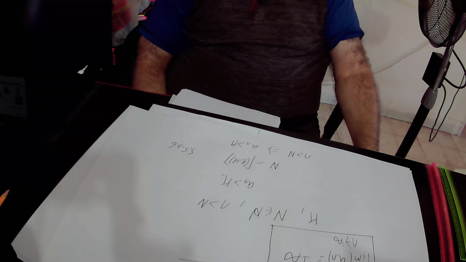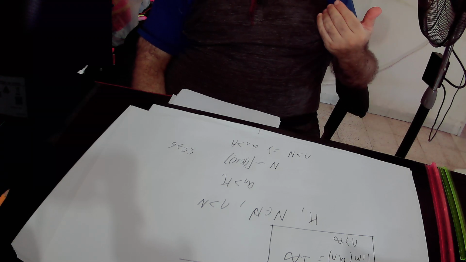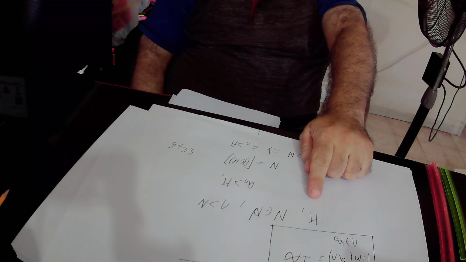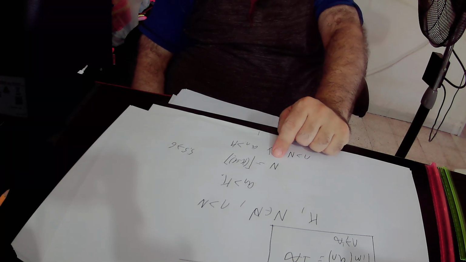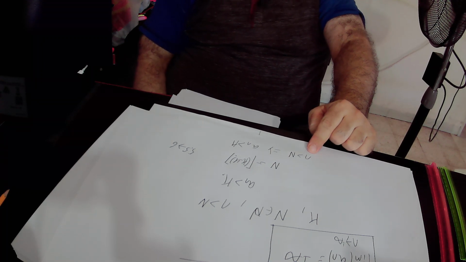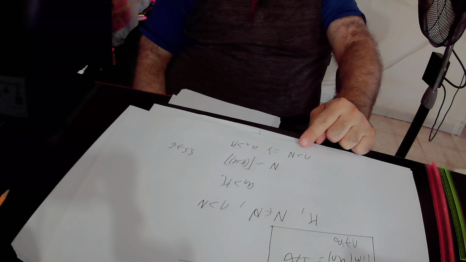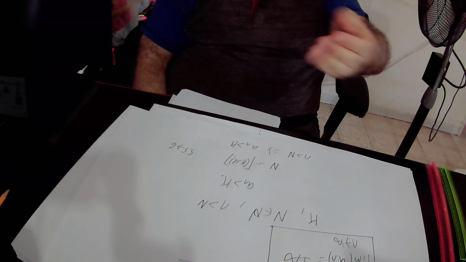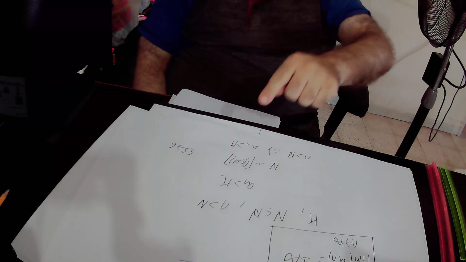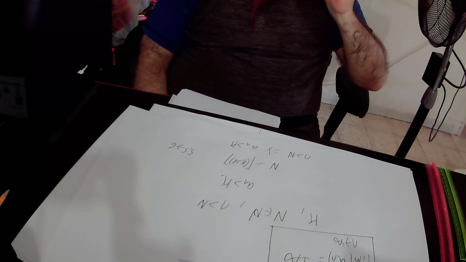So for any k that you will give me, as large as you want, I will have to find capital N, and for every n that is greater than capital N, that is to say from the index n onwards, all the terms of the sequence of the natural numbers must be greater than k.